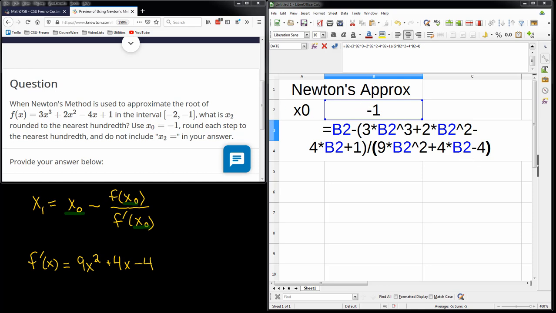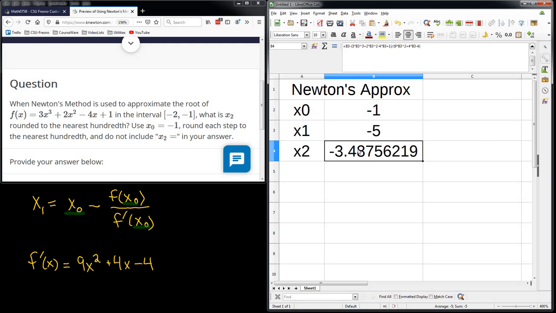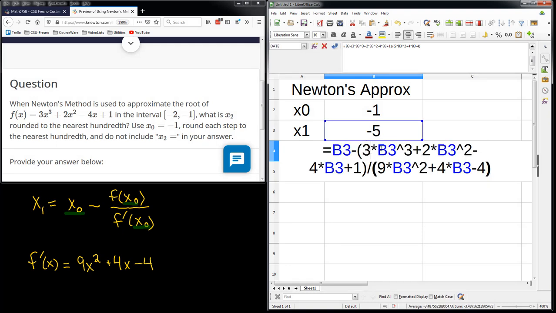But then down here in the formula with the -3, the formula there is referring to the cell B3. So it's doing the same formula, and I didn't have to type the whole thing in again.